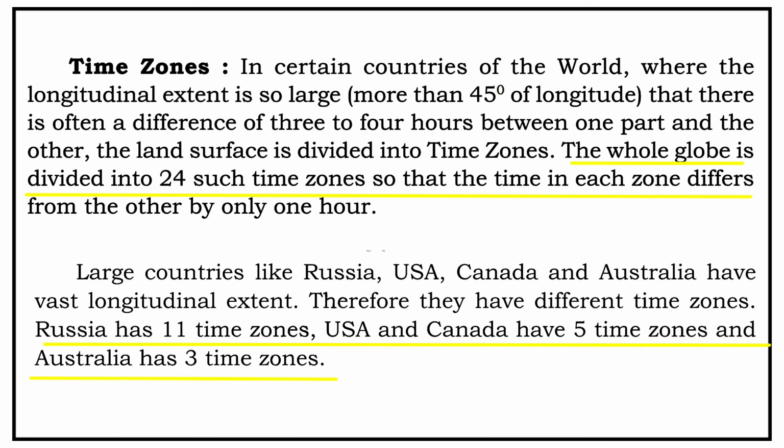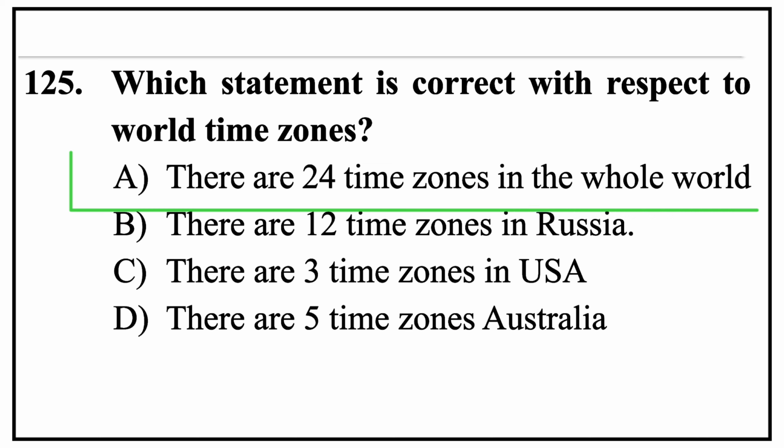The whole globe is divided into 24 time zones, but the time in each zone differs from the other by only 1 hour. Russia has 11 time zones, USA and Canada have 5 time zones, and Australia has 3 time zones. In this, option A is right. There are 24 time zones in the whole world.